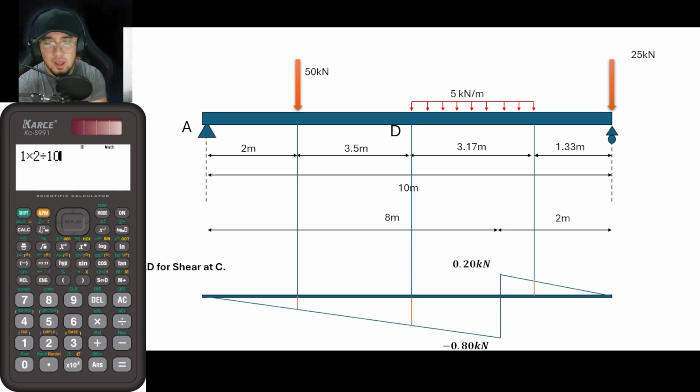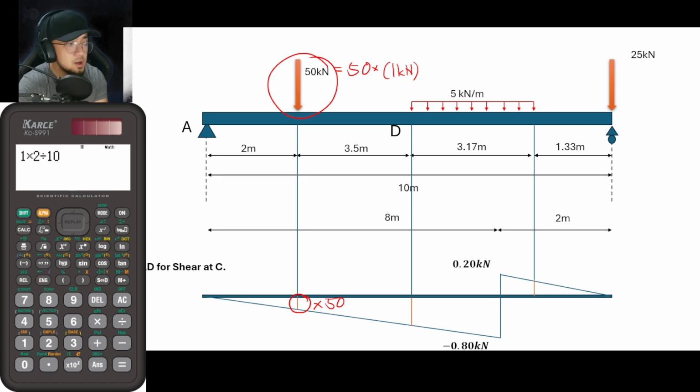So from that, guys, whatever this value is, we must multiply it by 50 in order for us to know what is its effect in solving for the value for the shear. Okay? So, again, with that, I should say, apologies.